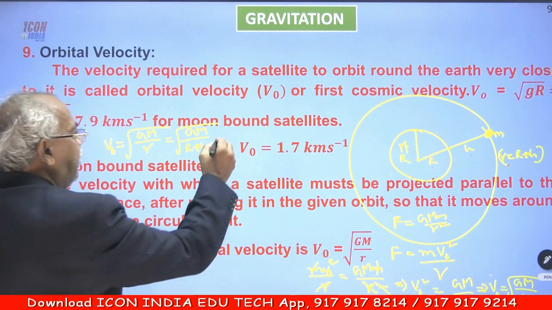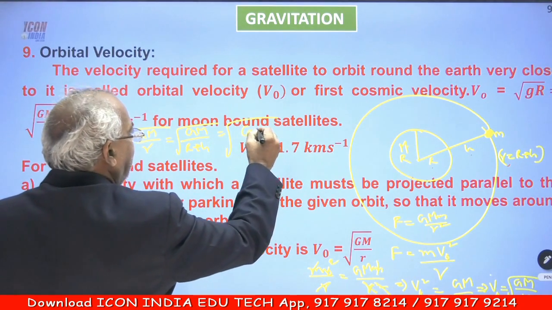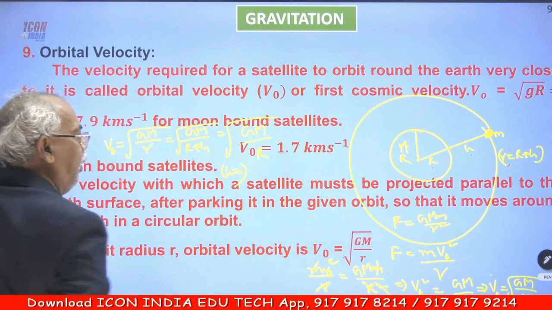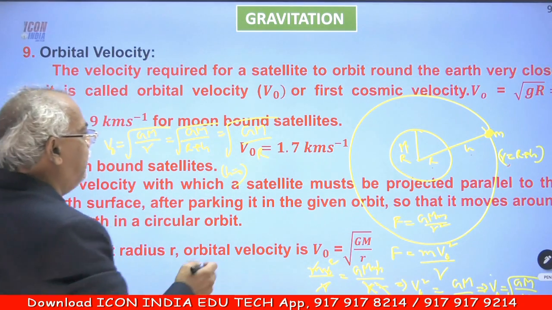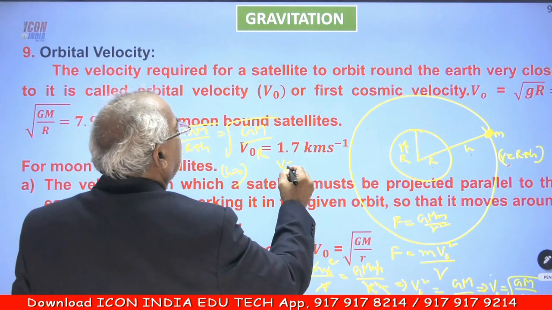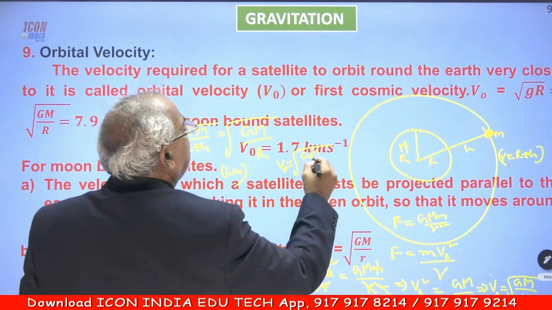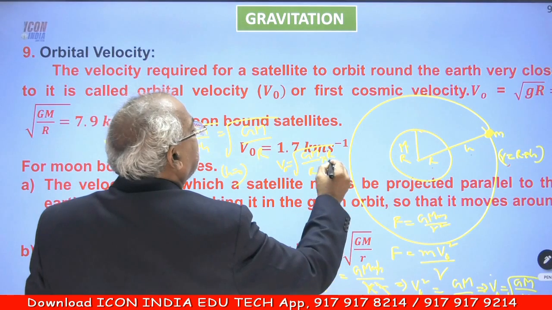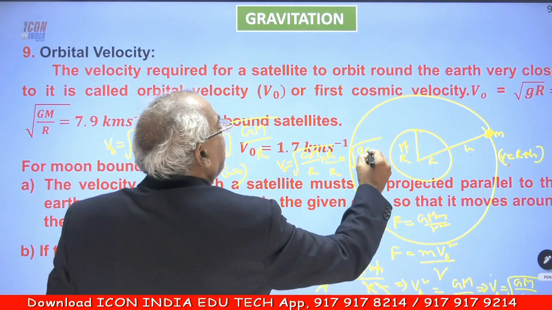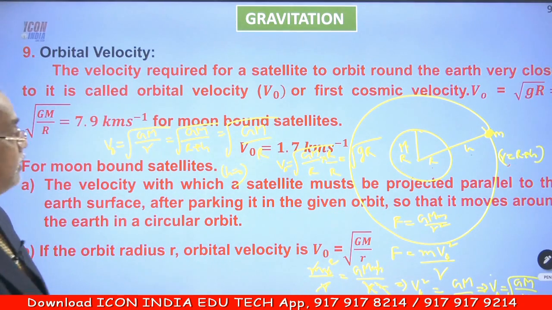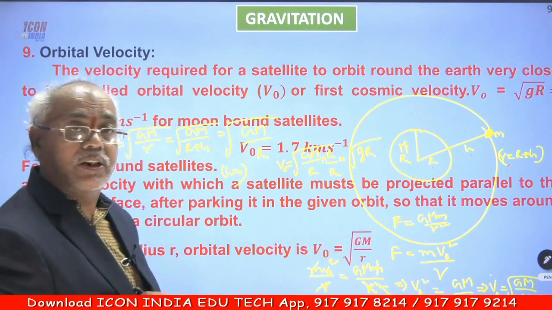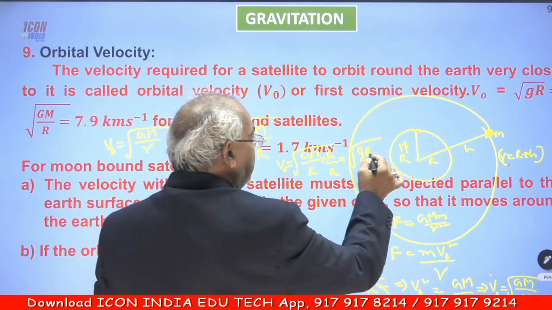If h is 0, that is equal to root GM by R. So V naught is equal to root GM by R into R by R, that is equal to root of gR. Why? Because GM by R square is nothing but acceleration due to gravity. So V naught is equal to root gR.